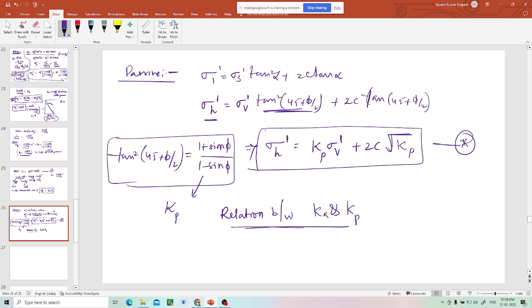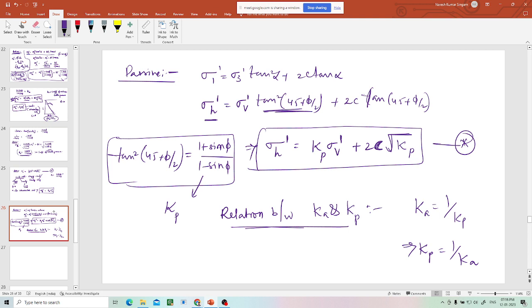It is easy: Kp is 1 by Ka. That's it. So now you know how to find out the Ka value. Now you know how to find out sigma v dash, we already discussed many times. Effective stress is nothing but gamma multiplied by h, like that. Then c is given in the question, so you can find it easily.